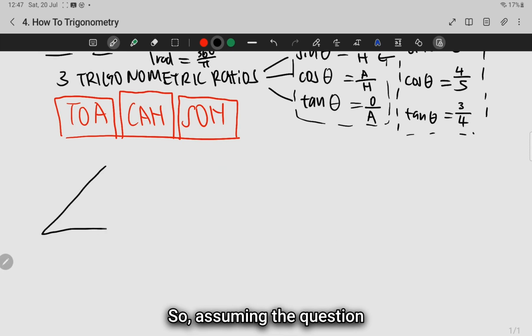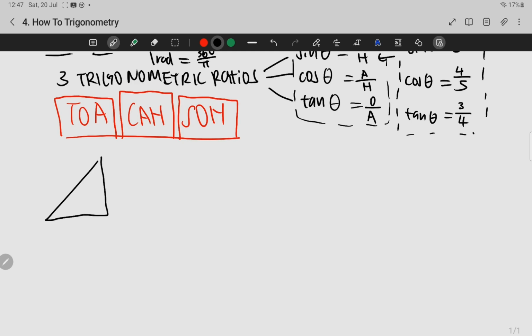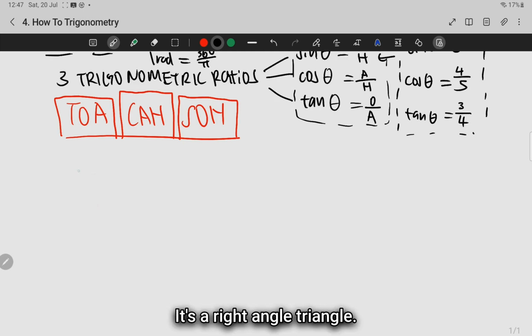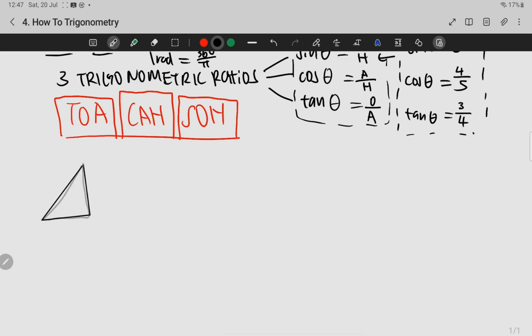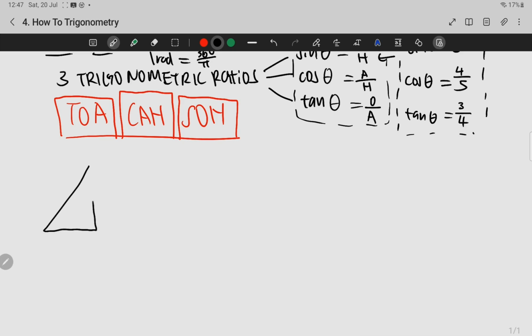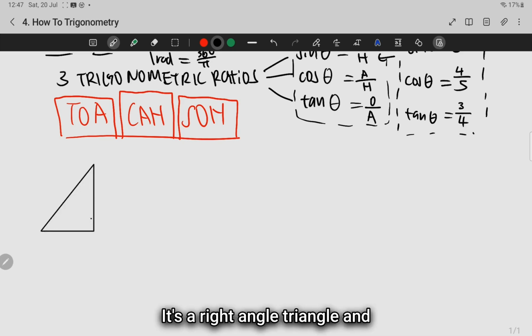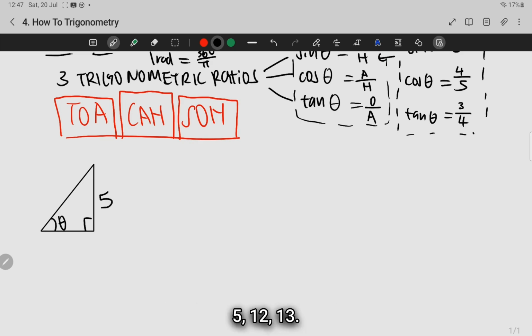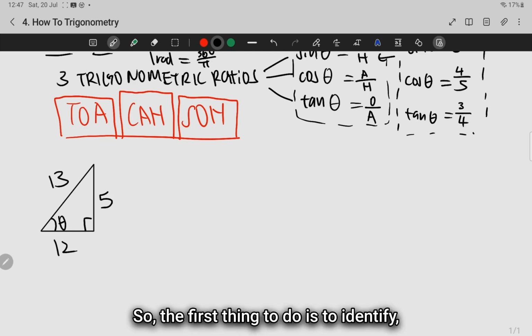So assuming the question gives you this triangle. It's a right angle triangle, and this is your theta over here, with sides 5, 12, 13. The first thing to do is to identify where my three sides are.